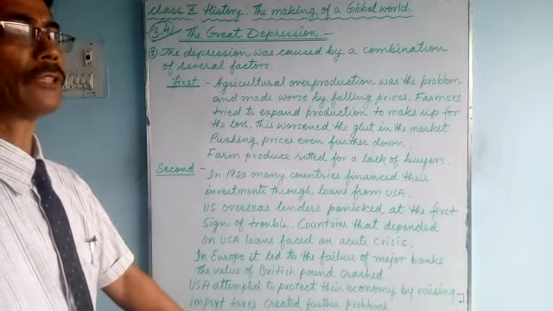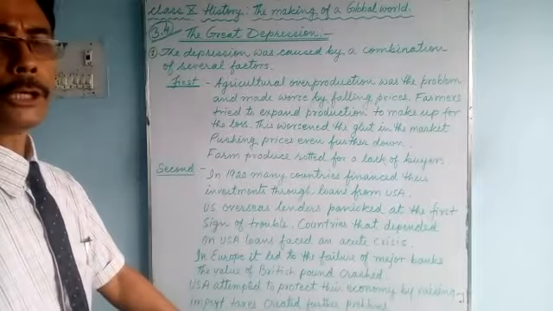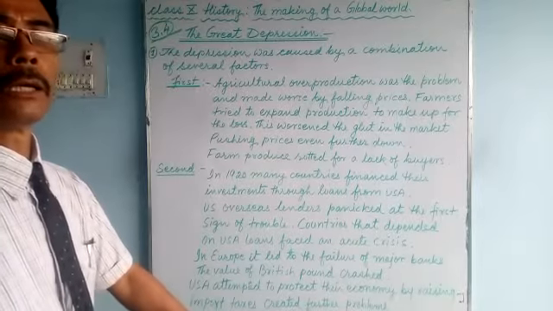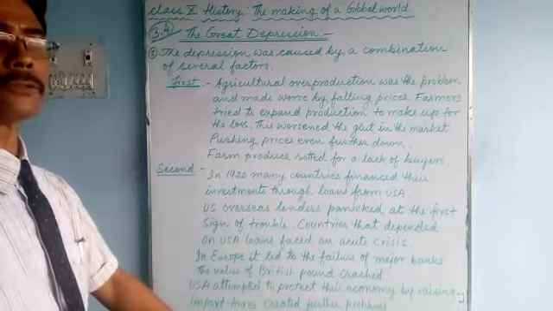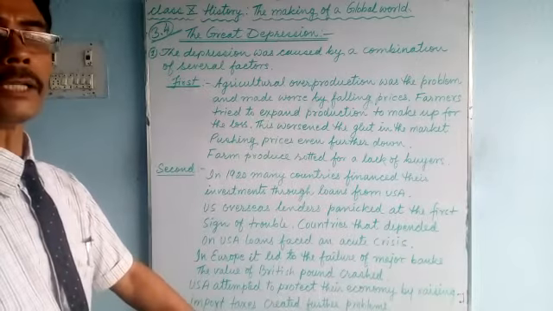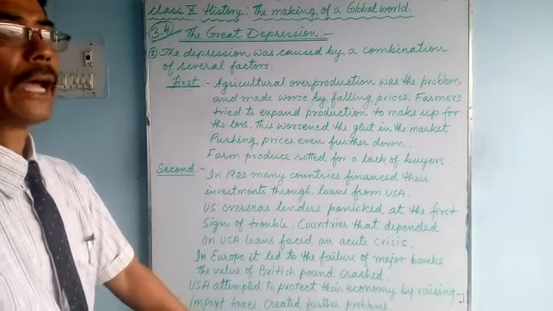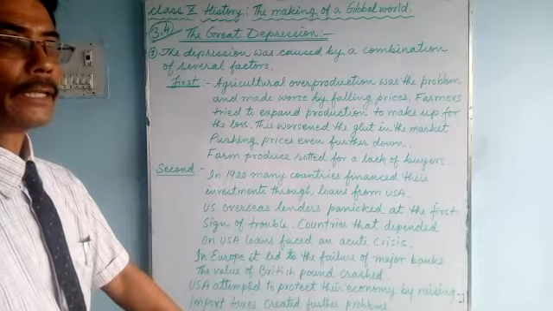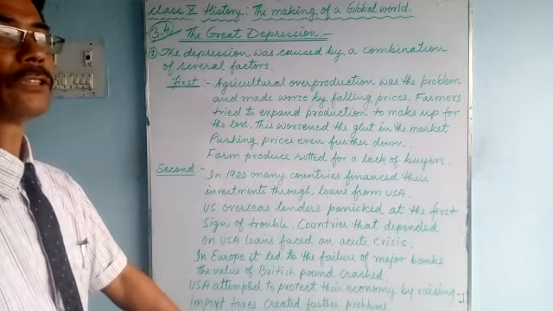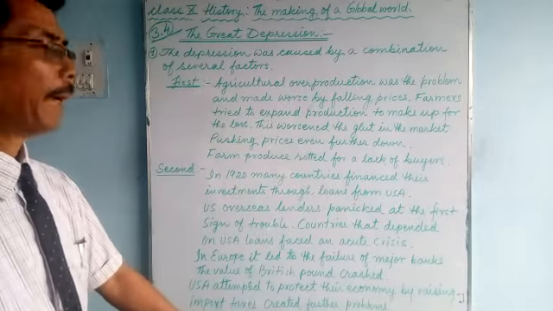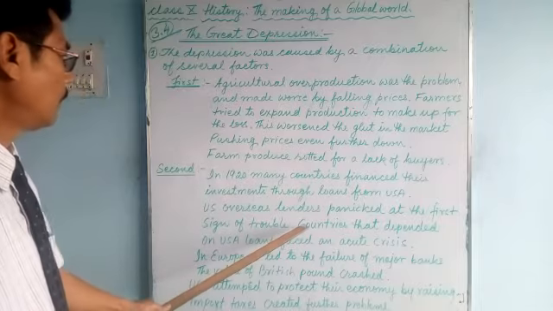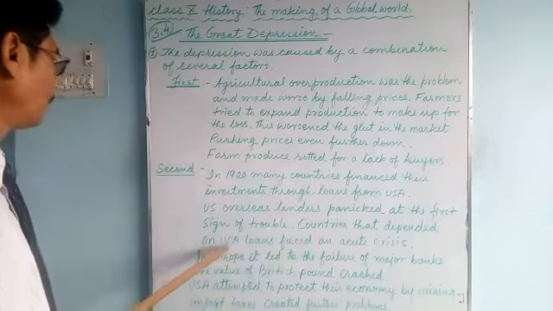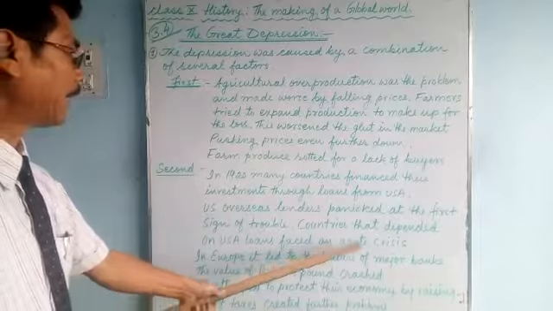In Europe also American banks were there. They took loans from the American banks and they realized that the banks had no money. At the first sign of this problem, they panicked. Countries that depended on USA loans faced an acute crisis.